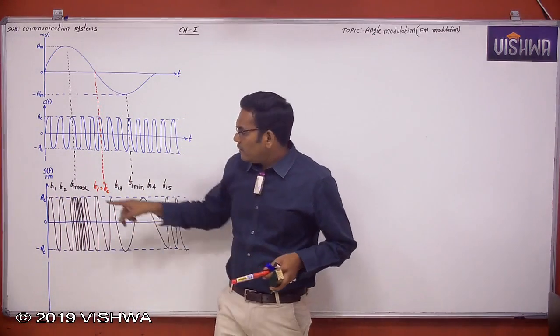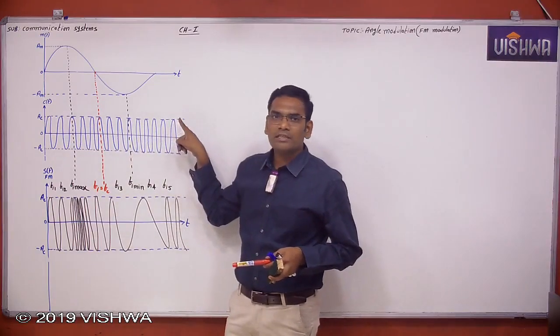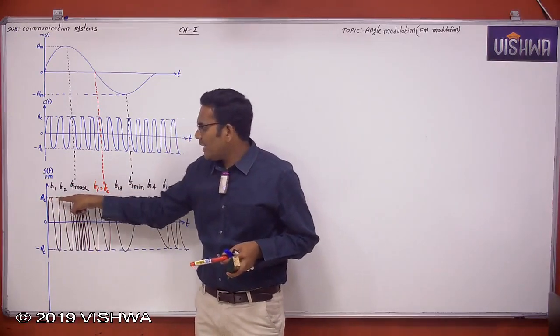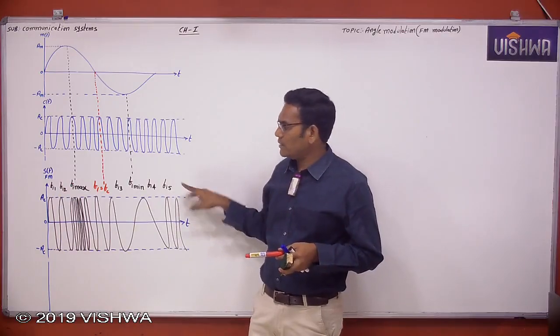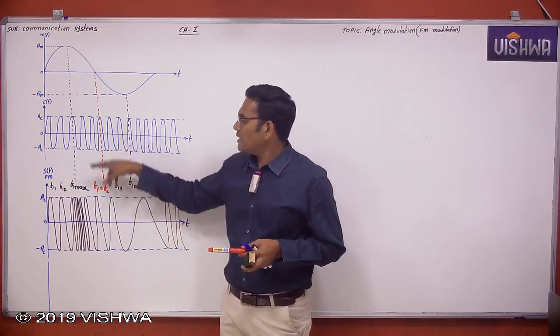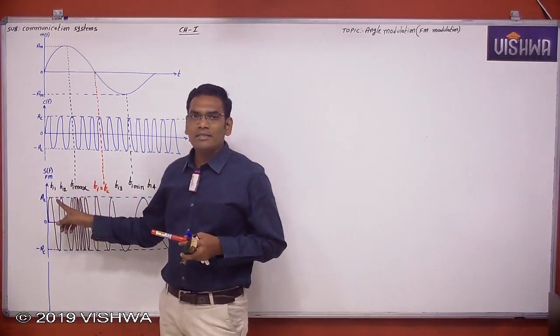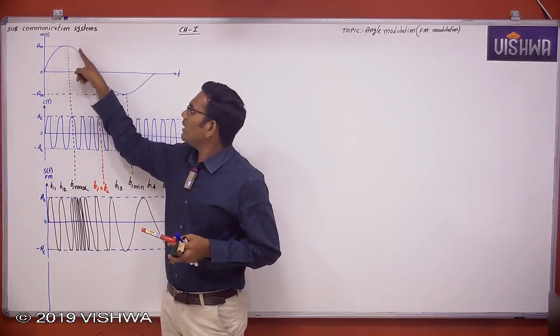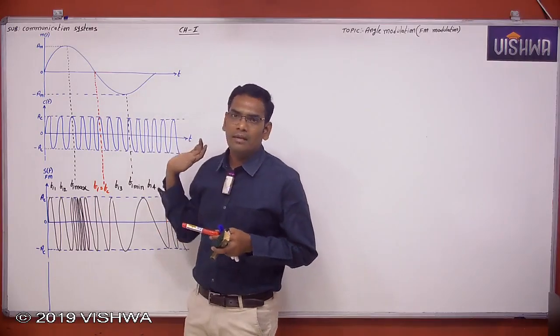Now see here, the amplitude of the carrier before modulation is AC, amplitude of the carrier after modulation is also AC, no change in amplitude, there is no change in phase, only the change in frequency, but this frequency is continuously changing in accordance with amplitude of the message signal.